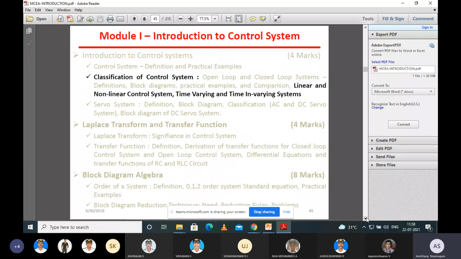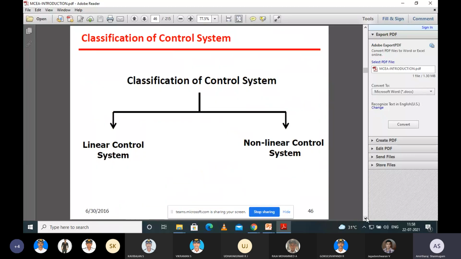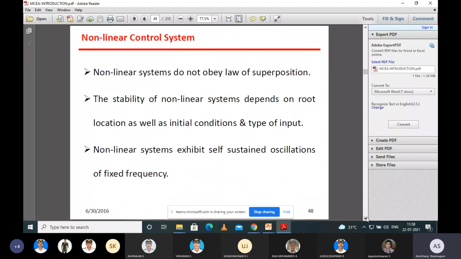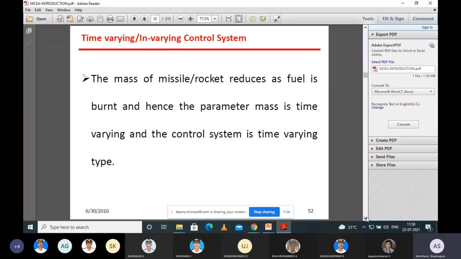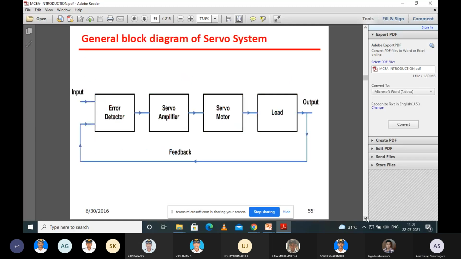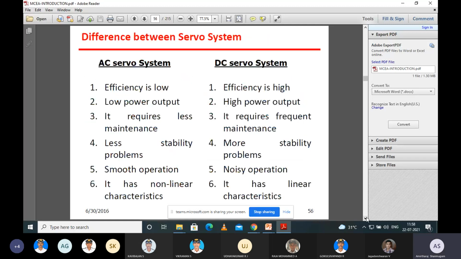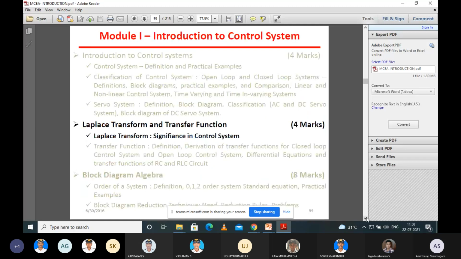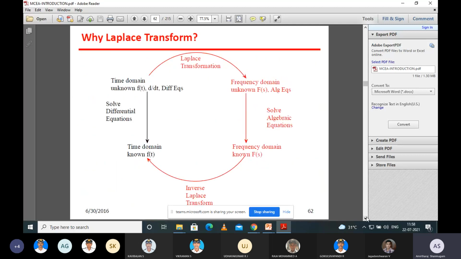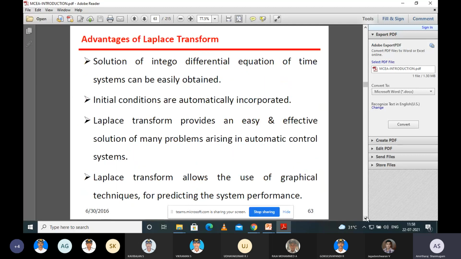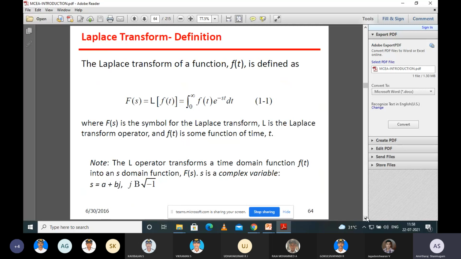Now I will continue the lines from earlier. This is how to classify, how to understand the different classifications and how to define them. Similarly, we will proceed with the basic servo systems, and the Laplace transformation is necessary for simplification.